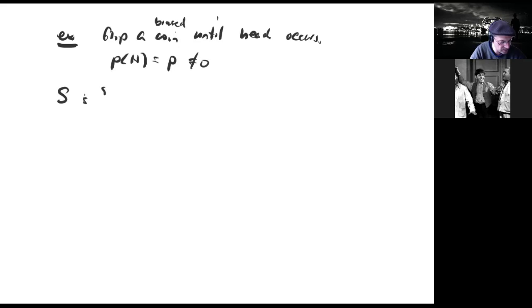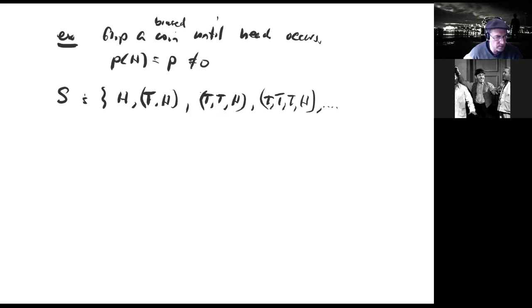Well, you can get heads on the first try, or you can flip it twice, first getting a tails, then a heads, or you can flip a tails, tails, then a heads, or a tails, tails, tails, then a heads, and so on.